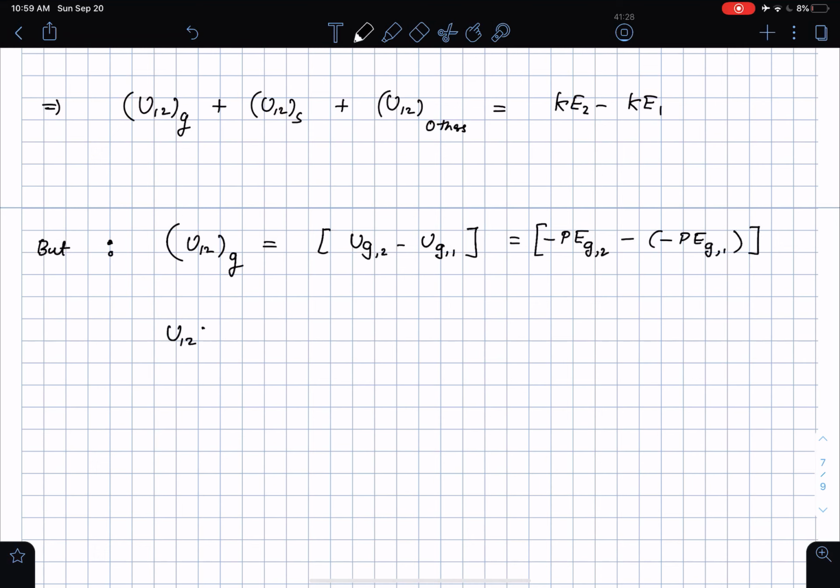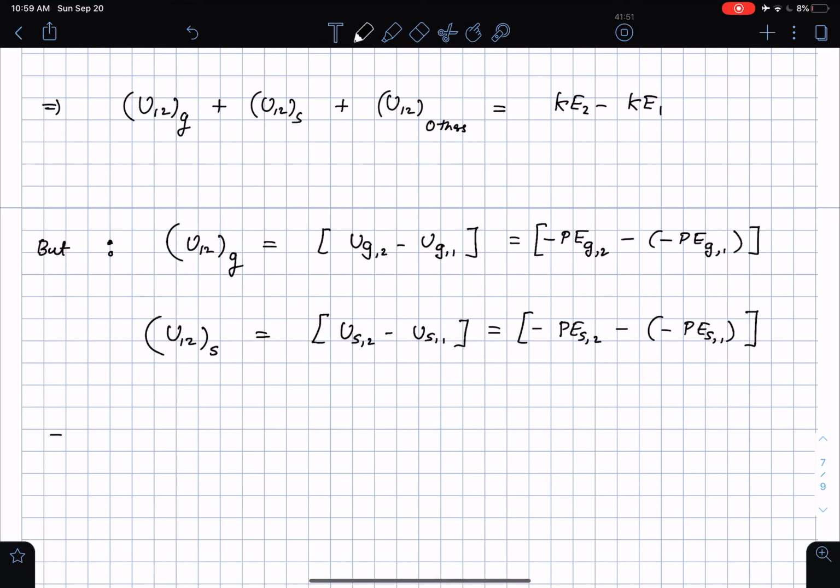I'm substituting the potential energy instead of writing it in terms of the work done. This is U spring 2, U spring 1. This is going to be minus PE spring 2 minus PE spring 1.